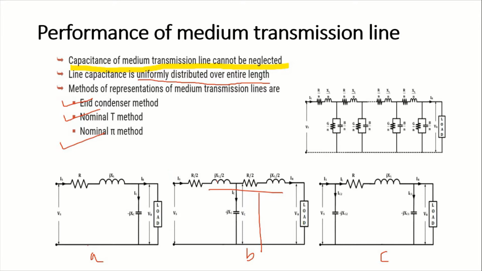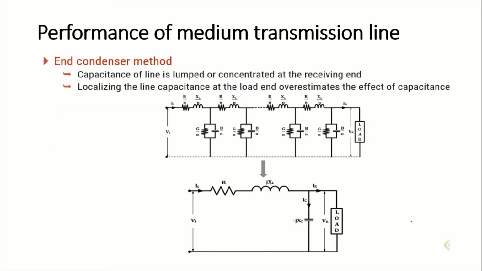In the nominal pi method, the resistance and series inductive reactance remain the same, but the capacitor is split into two, with one connected at the sending end and the second connected at the receiving end. Okay, clear? Now first we will discuss the end condenser method.